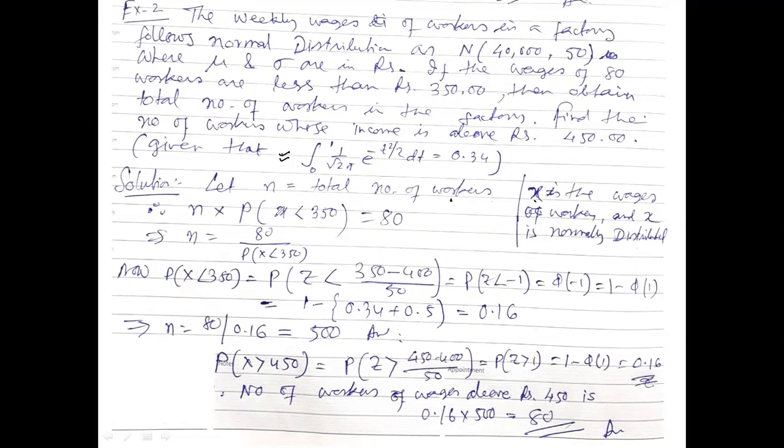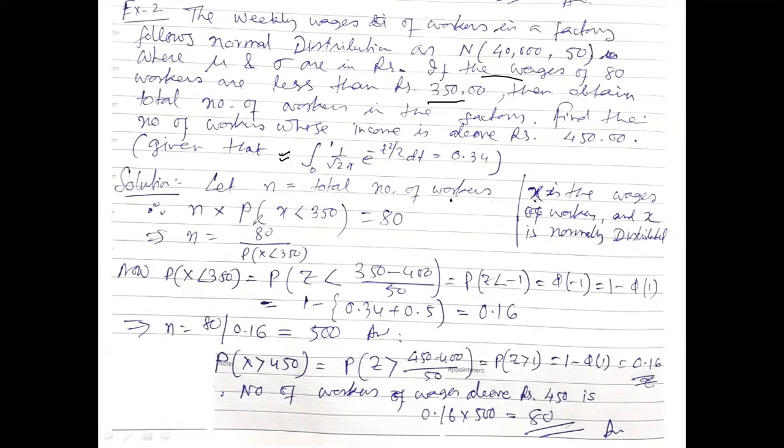Now we know the probability of x less than or equal to 350, since the wages of 80 workers are less than 350.